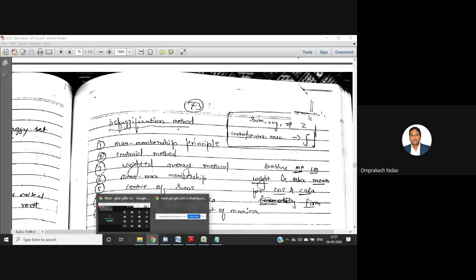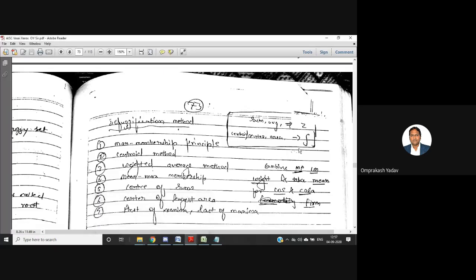It's summation, please mark properly. And if in the name centroid, center, or area is there, then in the formula integration will be there. If sum or average is there, then summation. If centroid, center, or area is there, then integration.